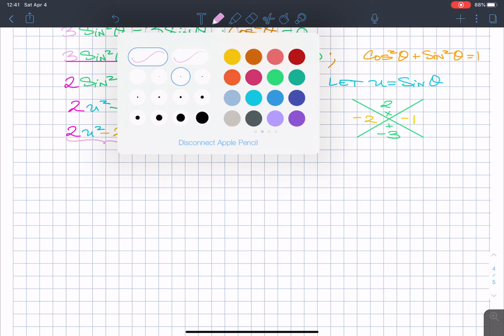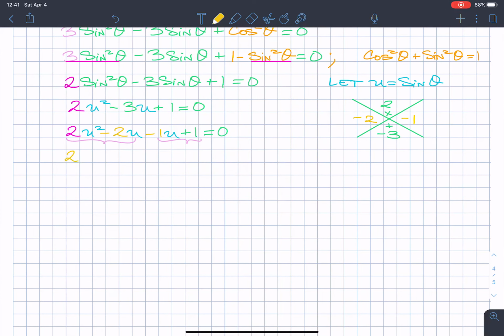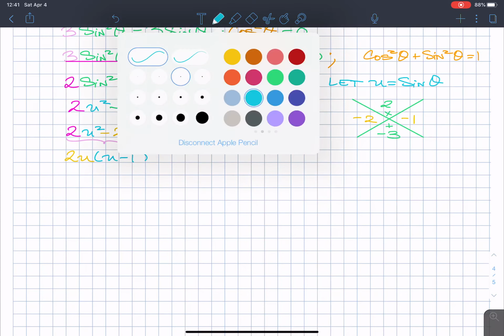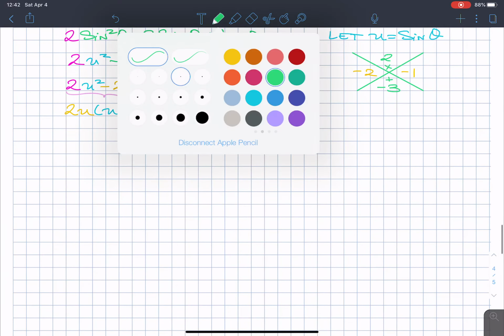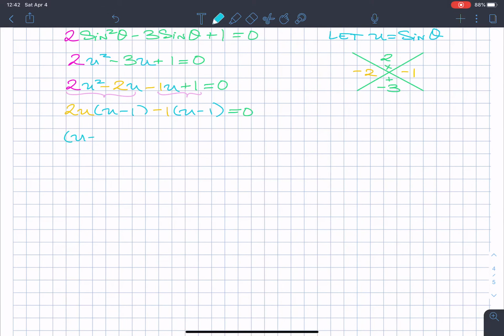From the first 2, I see that I have a 2 and a u common. When I factor that out, I get a u minus 1 remaining. From the second grouping, I have a minus 1. When I factor that out, I have a positive u and a negative 1 remaining. Each of these now has a common u minus 1, which when I factor out leaves me with a 2u minus 1.